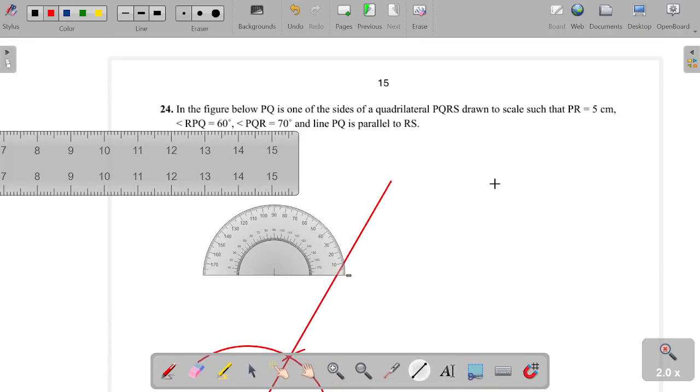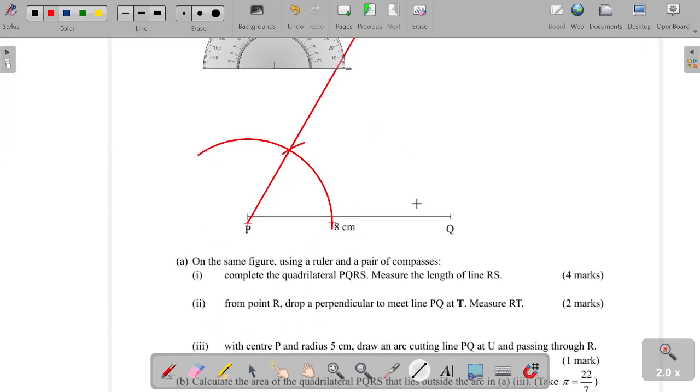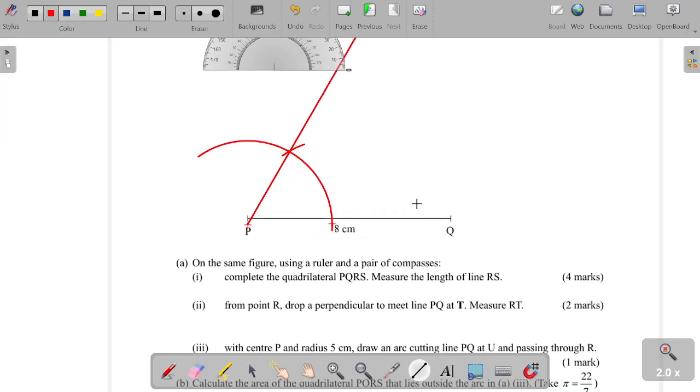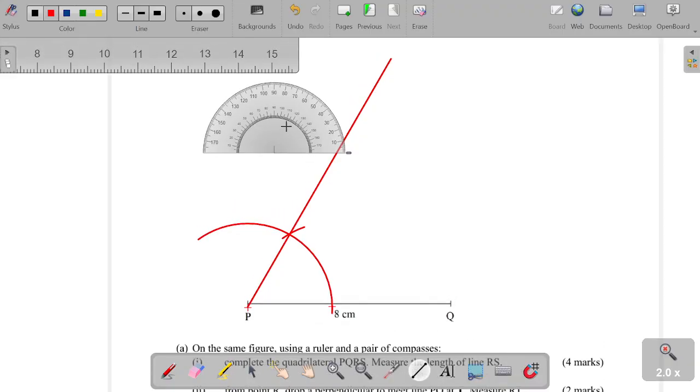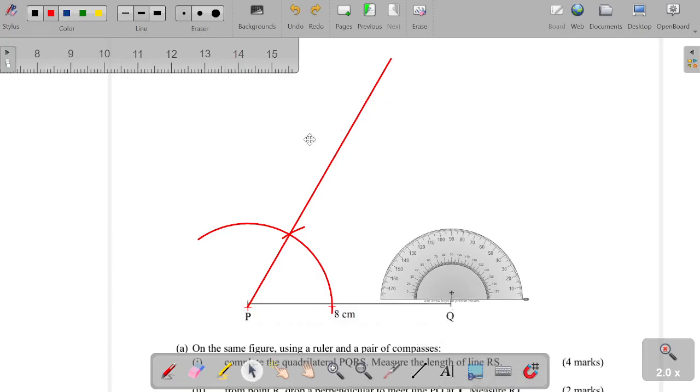After constructing 60 degrees, PQR is 70. You know, with 70, you cannot construct. So that one, you have to measure. So, let's measure 70 degrees. I'm going to take my protractor.